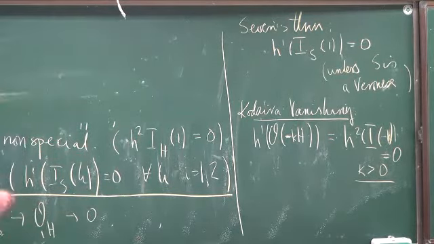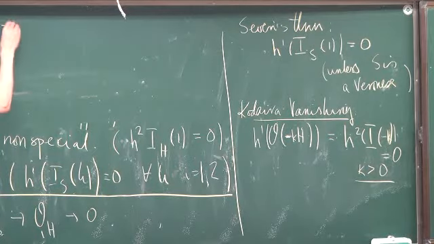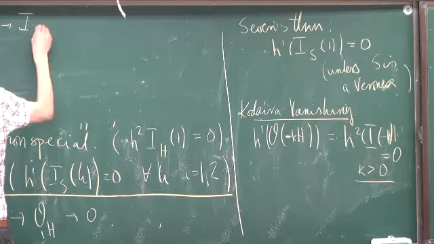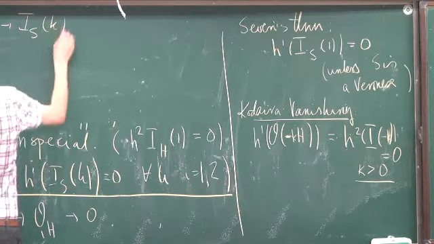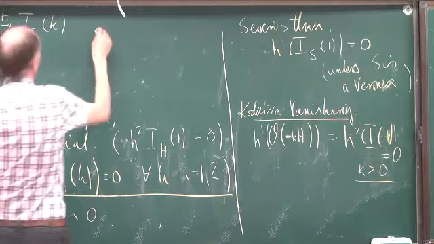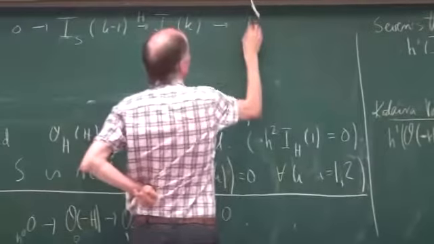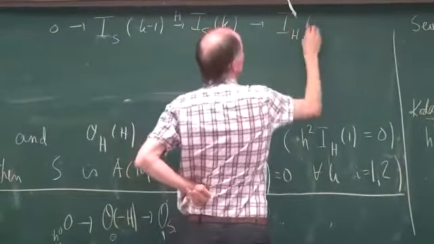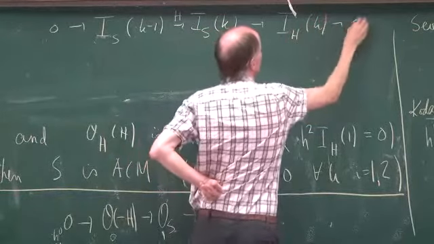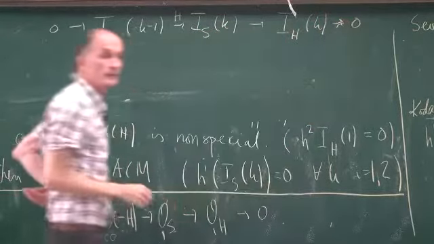So what I'm going to use all the time is, as I wrote up Monday, the exact sequence where you multiply by the form defining H. This thing here.